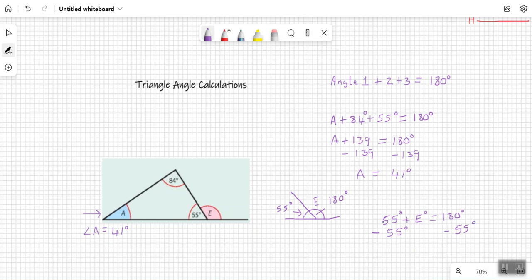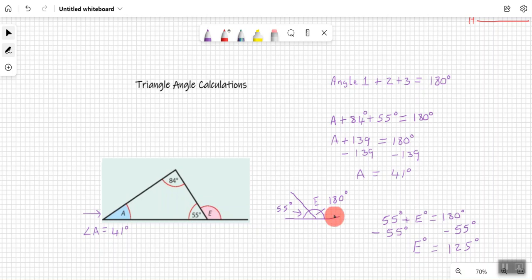And what's going to happen is these two will cancel out, and I'll be left with E degrees is equal to 180 minus 55, which is going to be equal to 125 degrees.